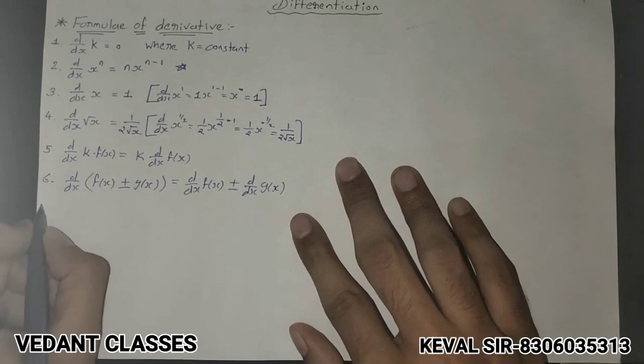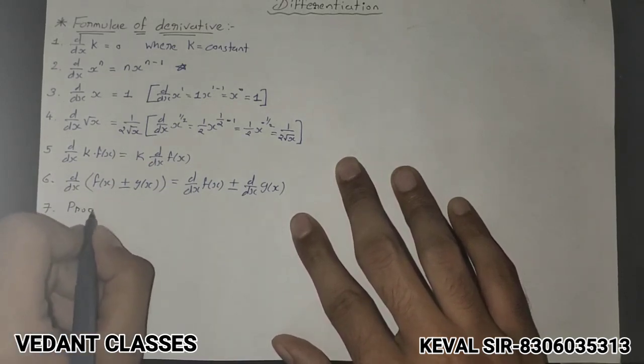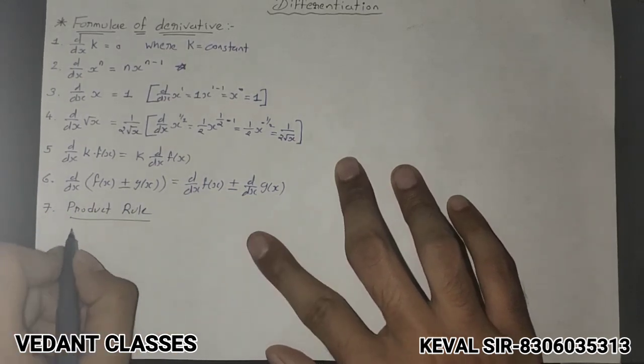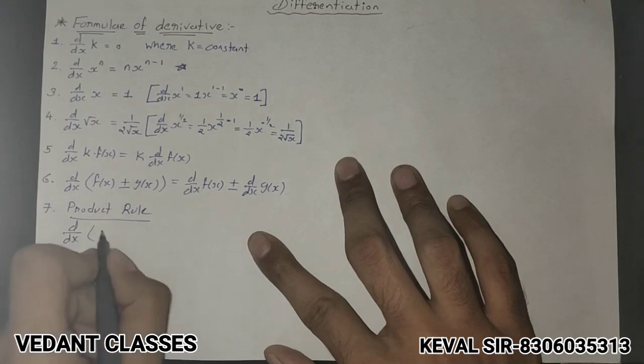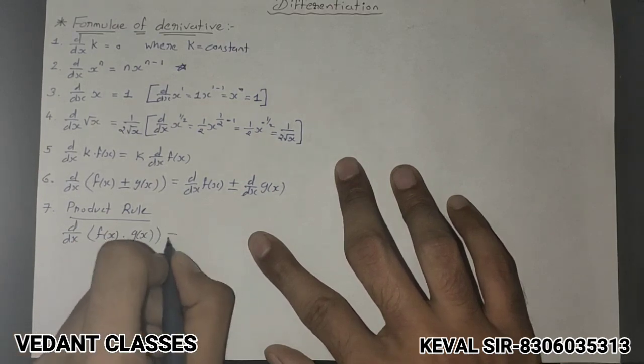Now the seventh, again a most important rule, is called the product rule. It is d by dx of the product of two functions, f of x dot g of x. Now remember the formula.